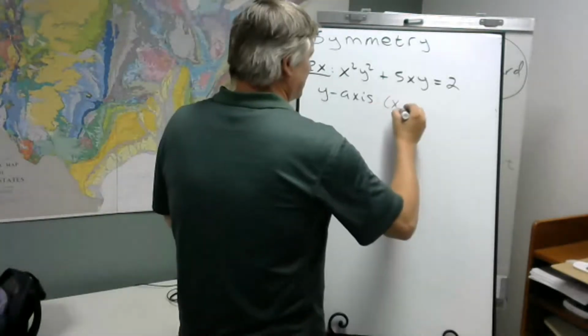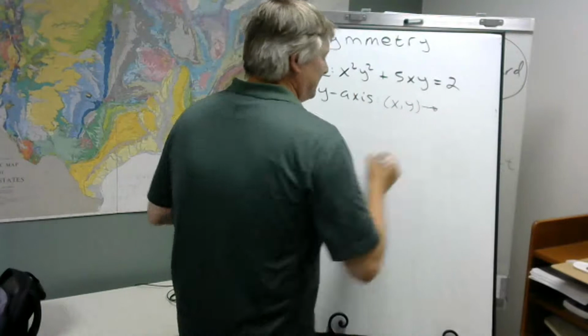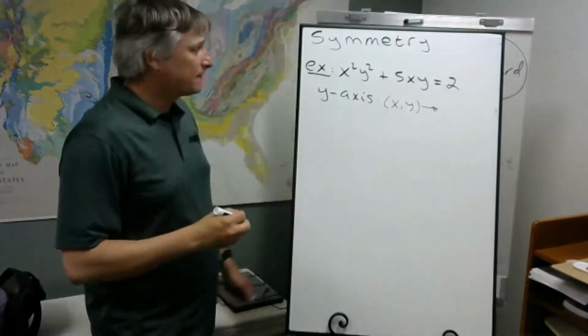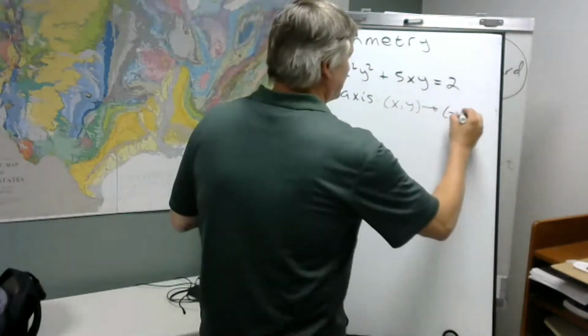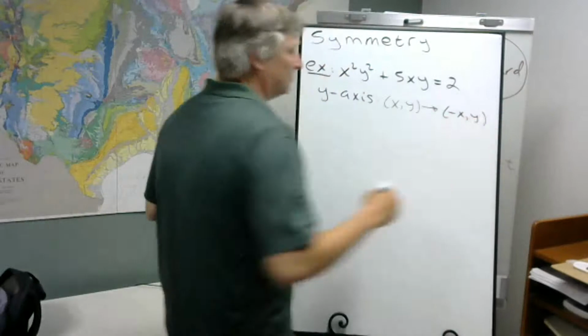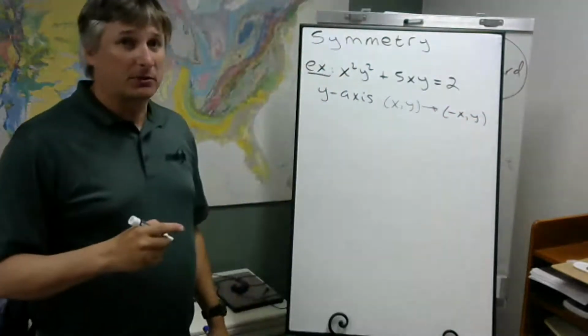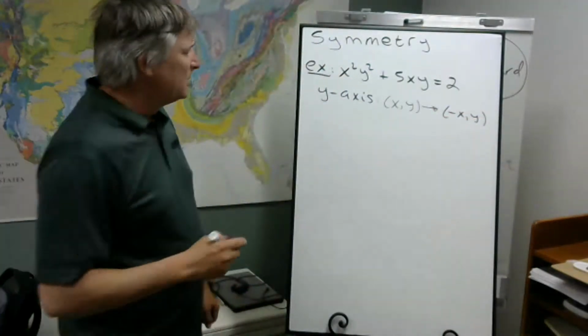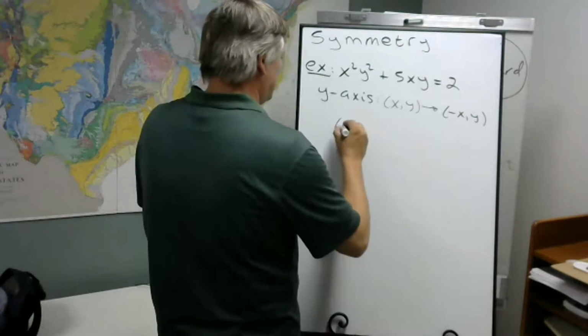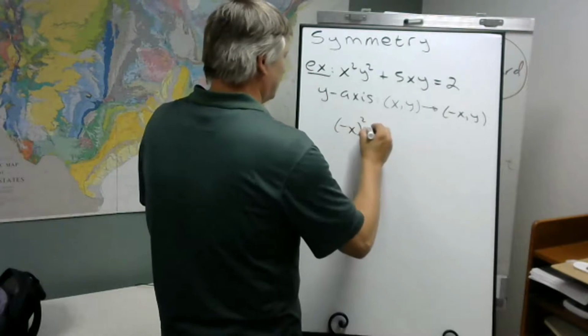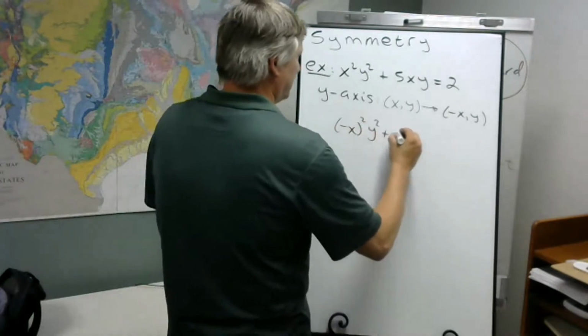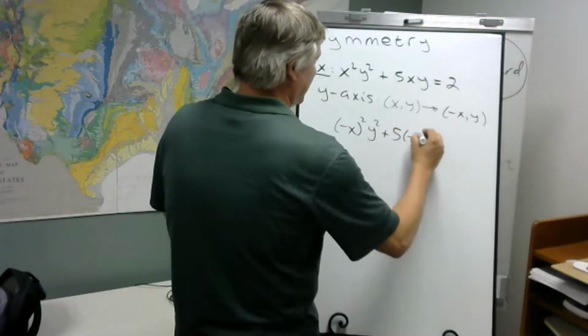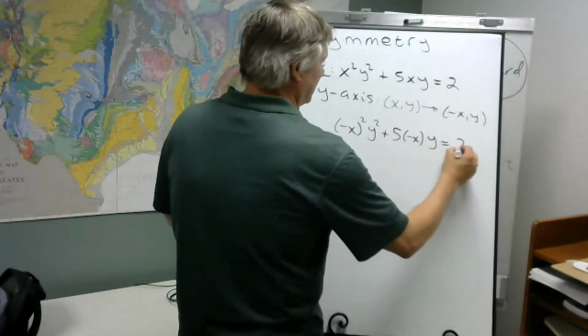So again, for y-axis, if (x, y) satisfies the equation, then (negative x, y) will too, if it's symmetric across the y-axis. So that means we'll get negative x squared y squared plus 5 times negative x times y equal to 2.